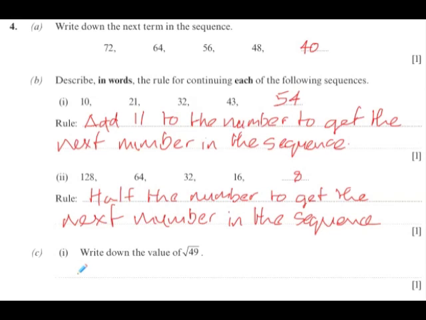So 1 times 1 is 1, 2 times 2 is 4, 3 times 3 is 9, 4 times 4 is 16, 5 times 5 is 25, 6 times 6 is 36, 7 times 7 is 49. So the number's going to be 7.